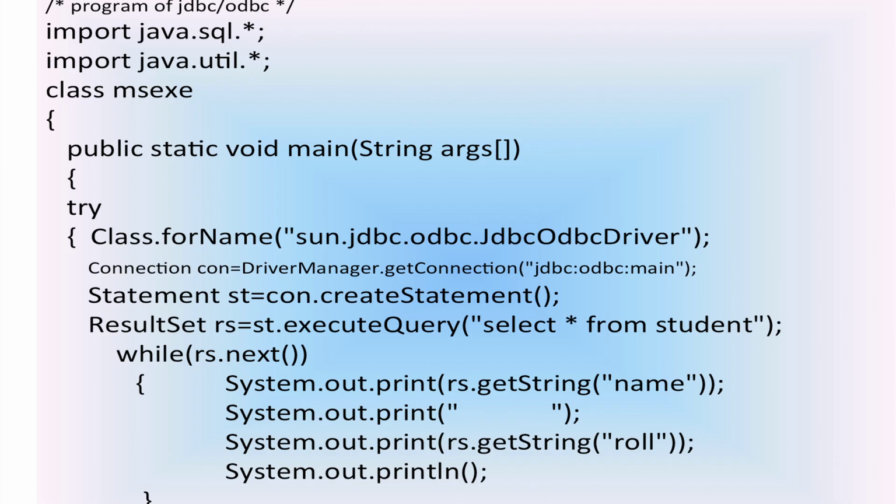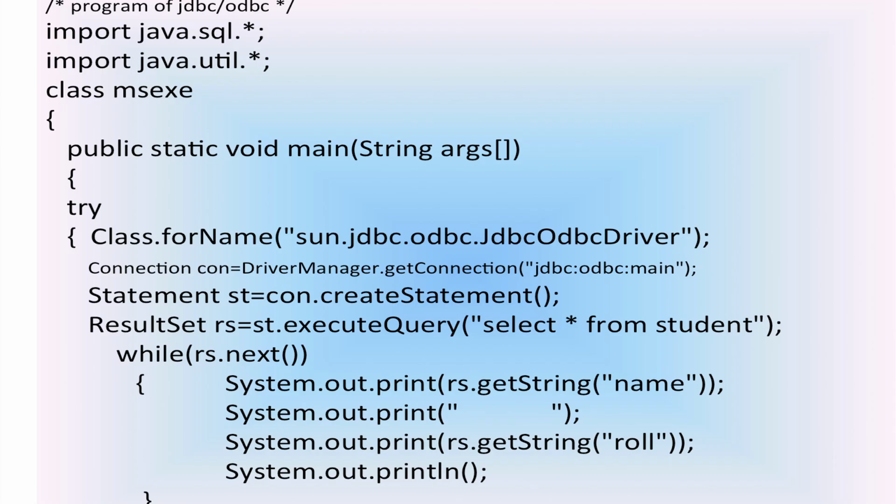The fourth statement is ResultSet rs = st.executeQuery, because the statement we have already created is blank, so we will execute that. st is a reference of this create statement. So st.executeQuery, and here select * from student. So this is the student table.